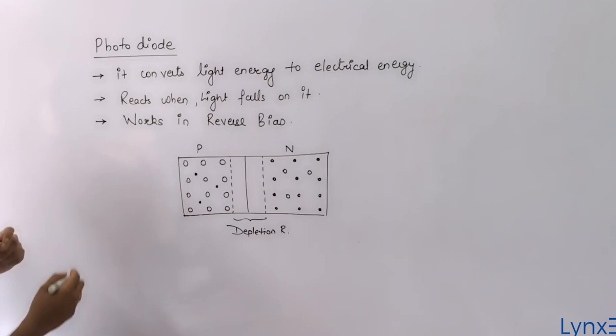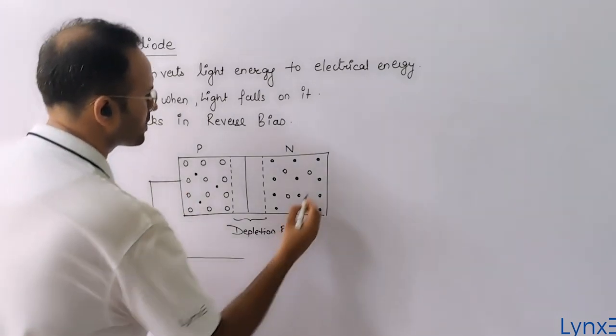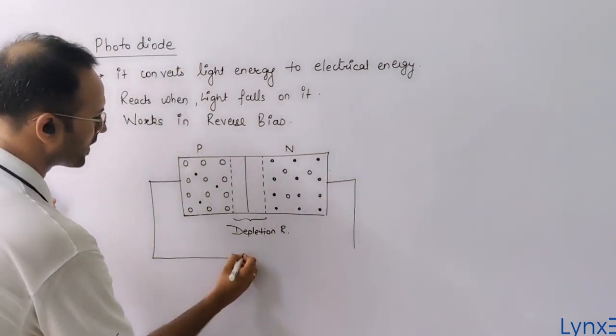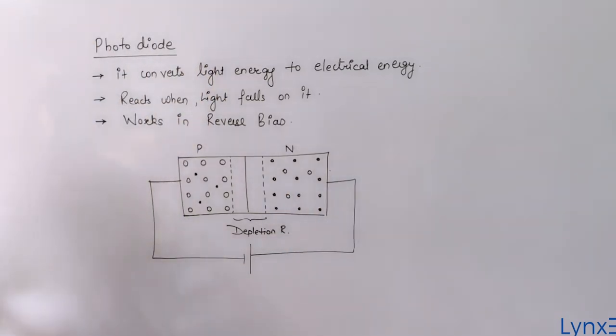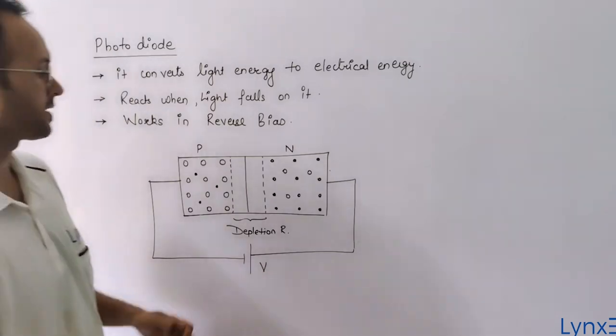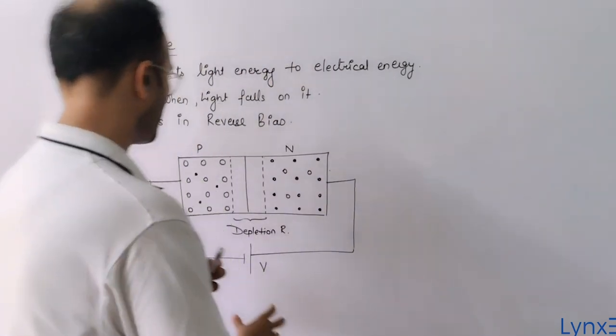As I told you, this diode works in reverse bias. What is the meaning of reverse bias? It is where we connect P to the negative terminal and the positive terminal to the N region, so we are applying a reverse voltage.